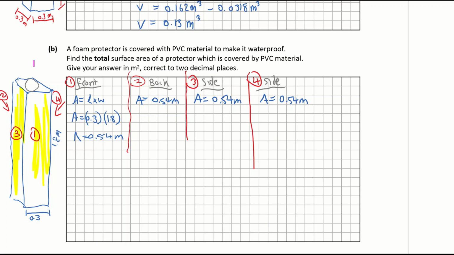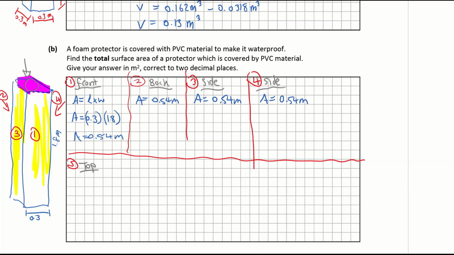Next thing I need to do is look at the top of the protector, this area here. So first of all, forget about the circle on the top. So imagine the circle wasn't there. So we'd need to get the area of the full square. So the area of top, I'll call it. So this is going to be my 5th area. So that's looking down onto the shape.